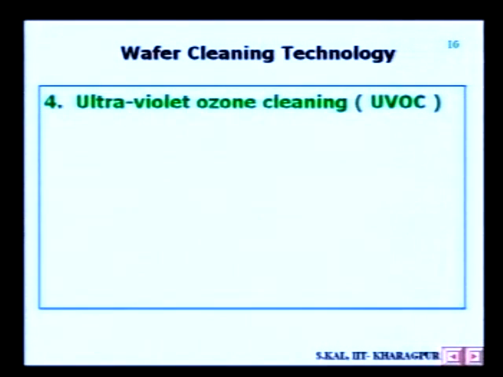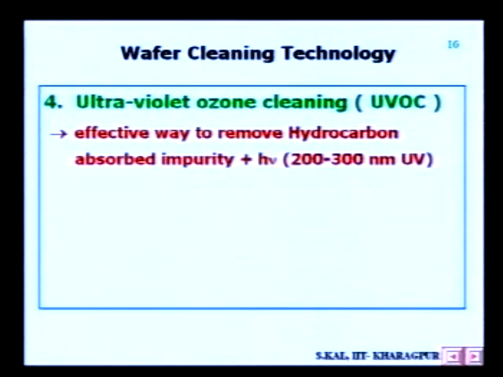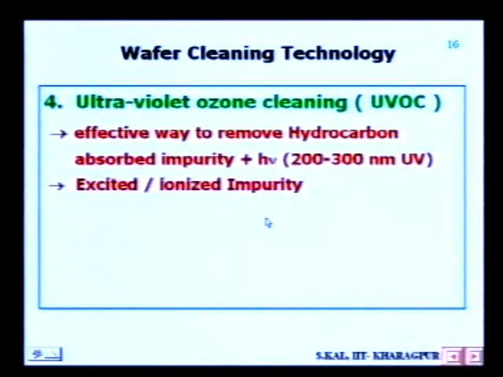The mechanism of UVOC or ultraviolet ozone cleaning can be explained by the following process equations. The absorbed impurity plus h nu, the ultraviolet radiation, whose wavelength is 200 to 300 nanometer, is absorbed, then they are excited and ionic impurities will be formed.